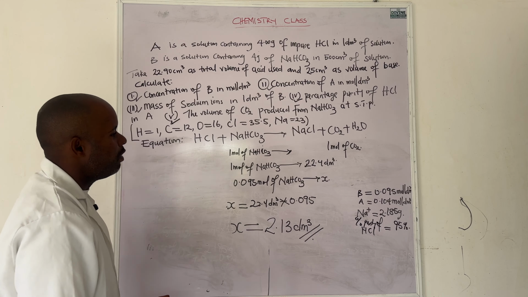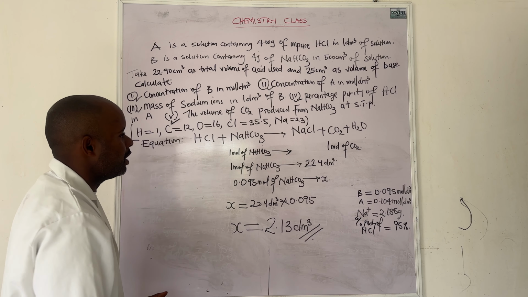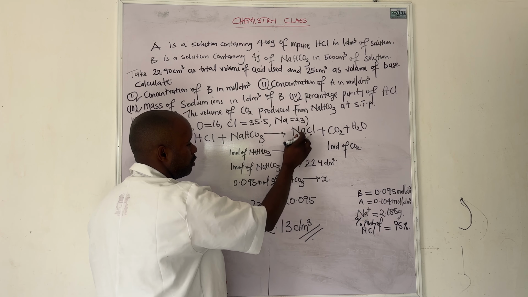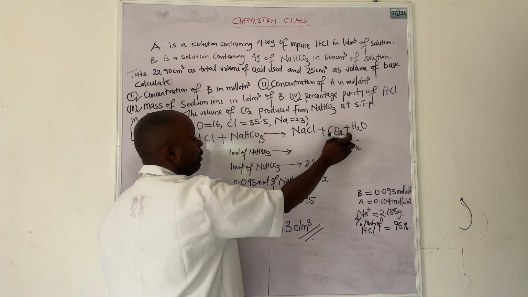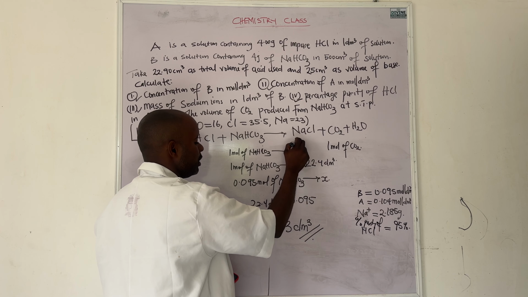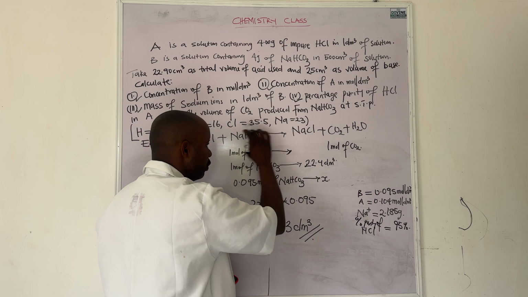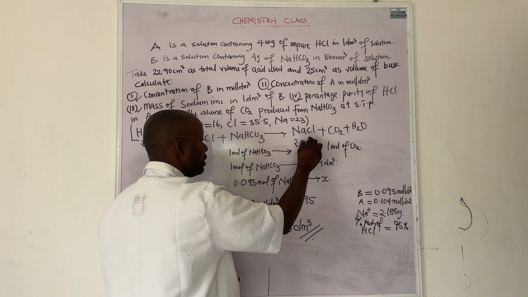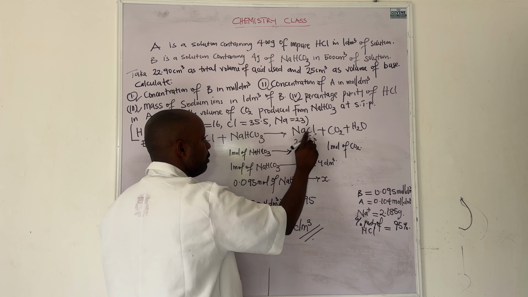So this is the volume of carbon dioxide that is produced. Here is going to give us the same thing, because we have 1 mole here, we have 1 mole here, we have 1 mole here. So at STP, what is produced here, invariably using the mole ratio of the equation, 2.13 dm³ is produced here because it contains 1 mole.